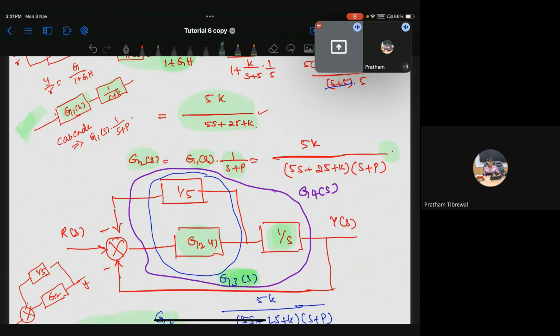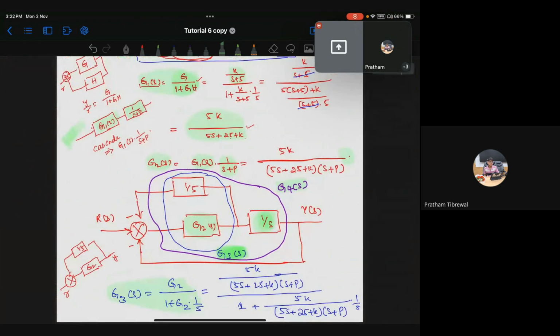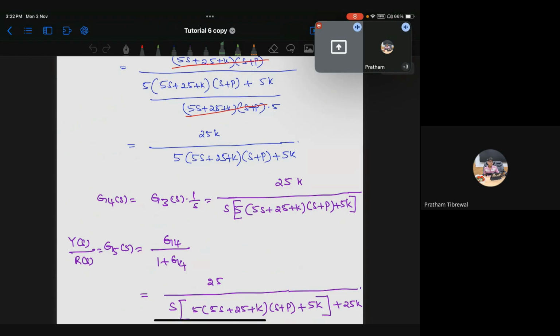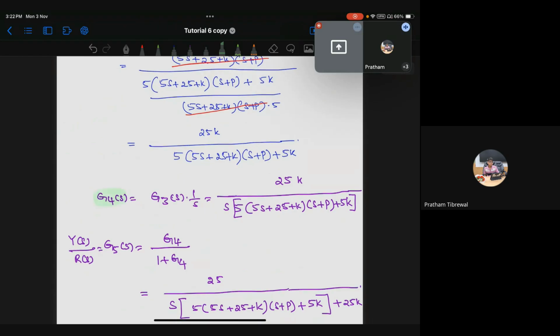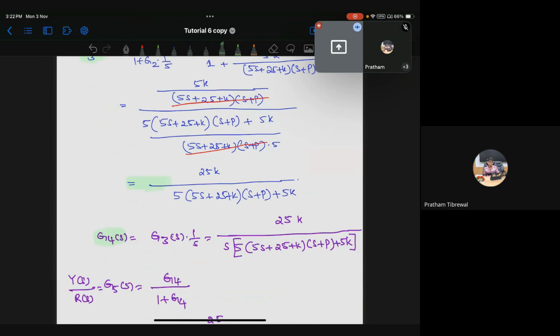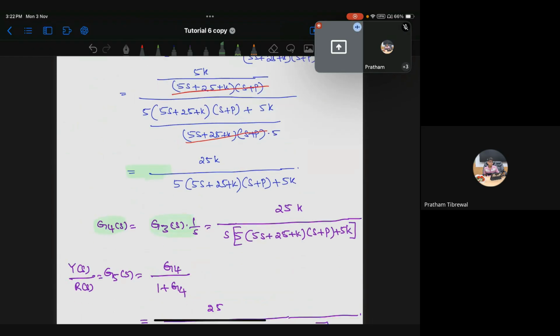Hence, the total z4 becomes g4, what? Z3 multiplied by 1 by s. G3 multiplied with 1 upon s. So this is the G3 expression, this one, and Z4 is this.